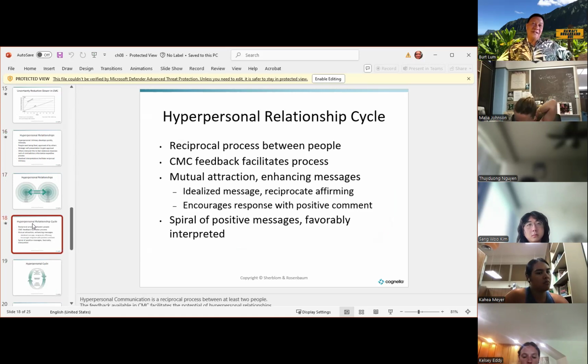So the hyperpersonal relationship cycle, you've got reciprocal processes between people. You've got the CMC feedback facilitating the process.